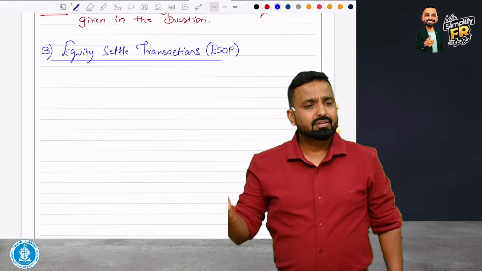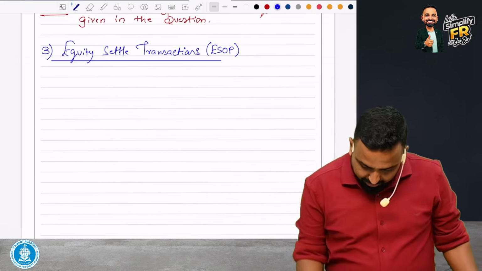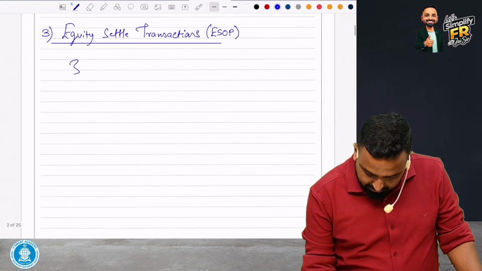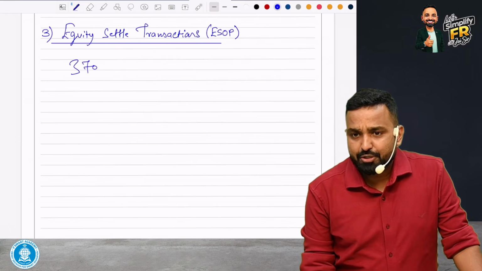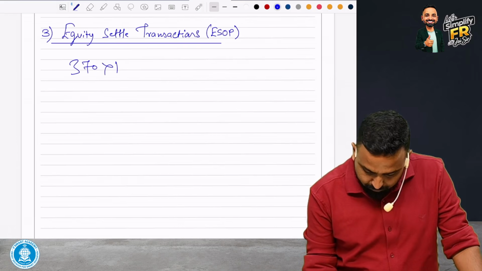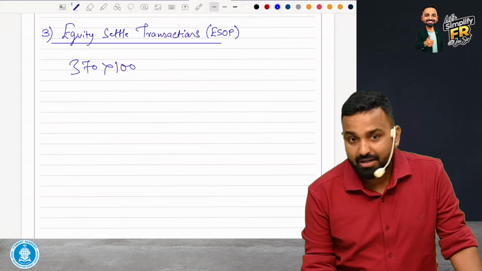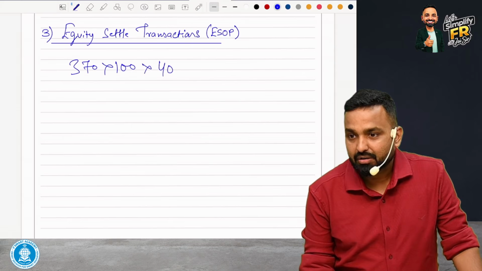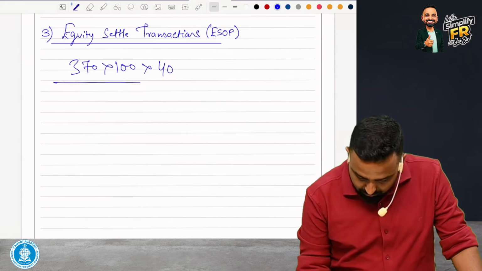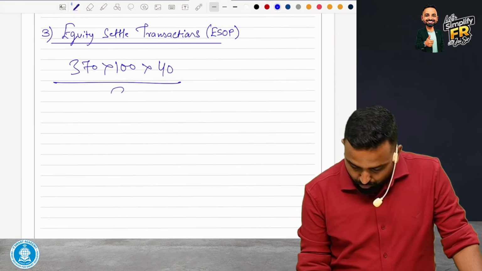4 lakh, 333. I think you used 3 as number of employees. Is this expected or actual? The number 100 is actual. Expected or actual? Actual. Whole divided by means vesting period. What is the formula?